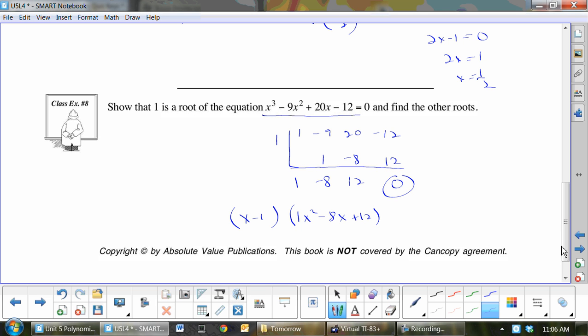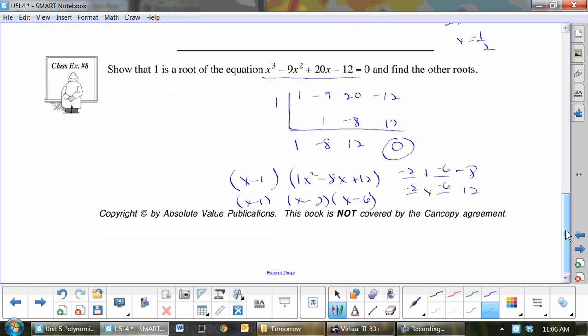But anyway, what two things add to give me negative 8 and multiply to give me 12? Negative 2, negative 6. So it'd be x minus 1, x minus 2, and x minus 6. Okay.